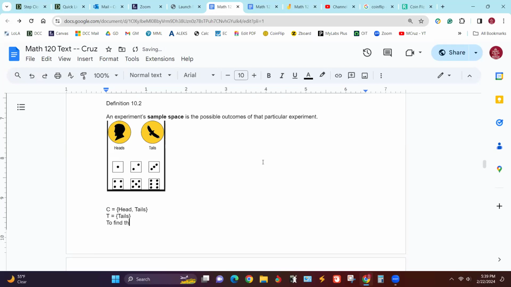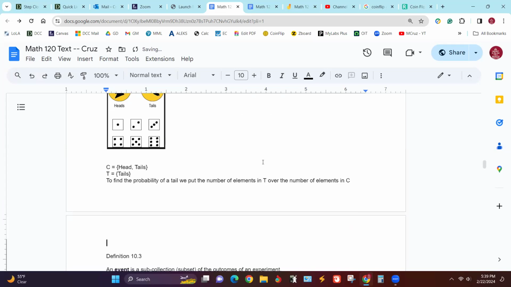To find the probability of a tail, we put the number of elements in T over the number of elements in C. So in other words, the probability of a tail, and we just use the P to denote probability so we don't have to write it out.